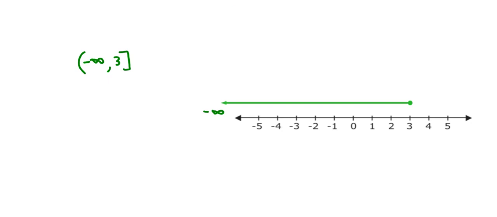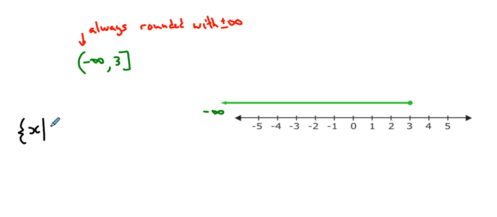And again, this is important: we're always going to use this rounded bracket with infinities, right? So we're always rounded with infinity. And that can be plus or minus infinity. It'll still be that rounded bracket. If we were comparing this still to set builder, then we'd have x such that x is an element of the real numbers.